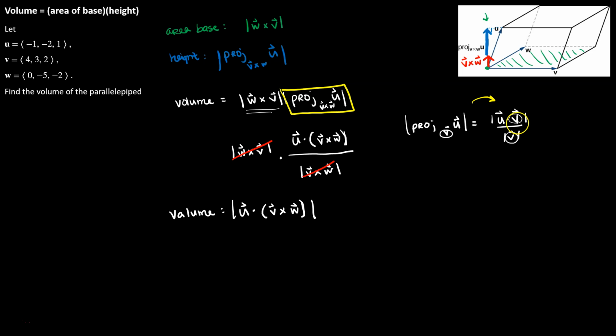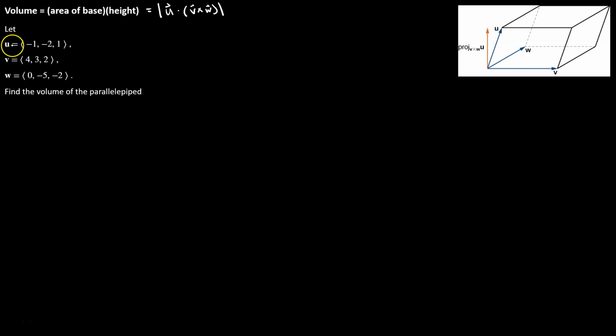I forgot to write that there, so let's fix that, and then that means this would have absolute value bars on it as well. So our volume is going to be the absolute value of the scalar triple product. So using the three vectors that we have on the screen, assuming that those three vectors make up a parallelepiped, let's calculate the volume.